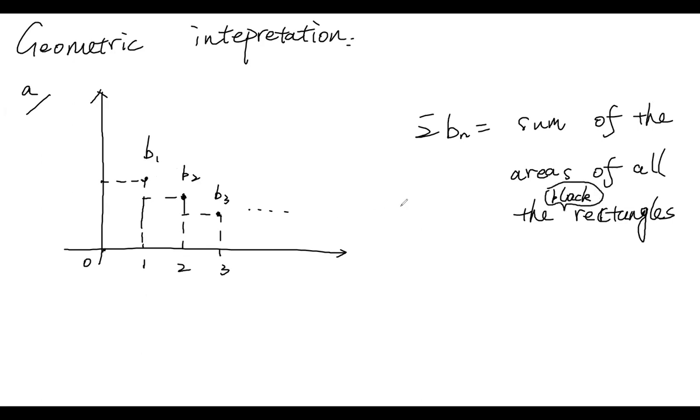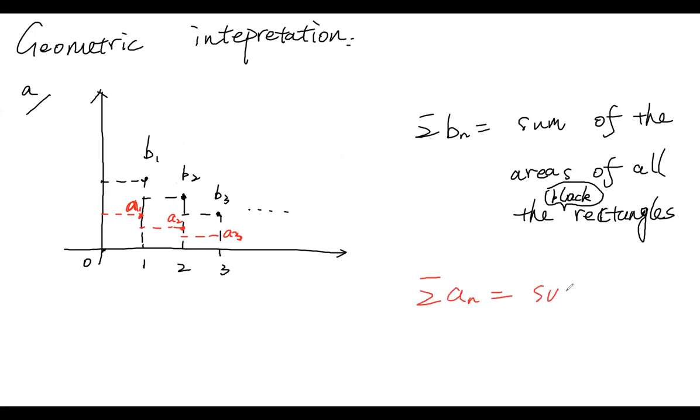And the first case in the comparison test tells you that if you have another series An, where each term in An is less than or equal to the corresponding term in Bn, then, let's say this is A1, A1 is less than or equal to B1, in this case strictly less than, and you have A2, A3.